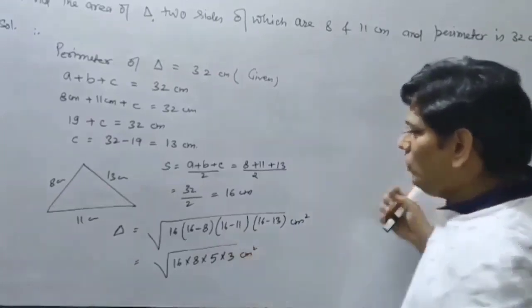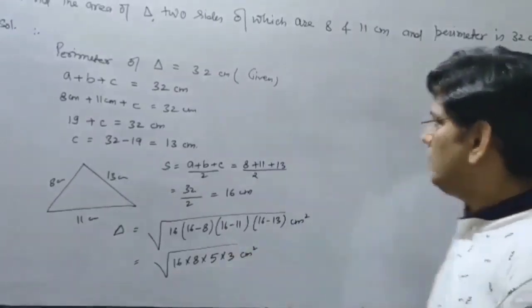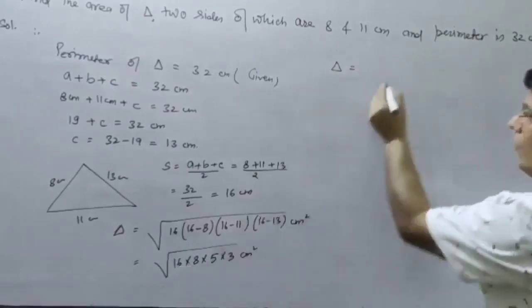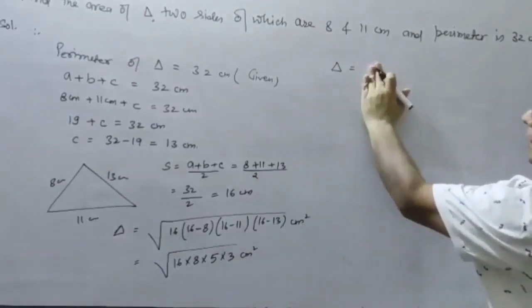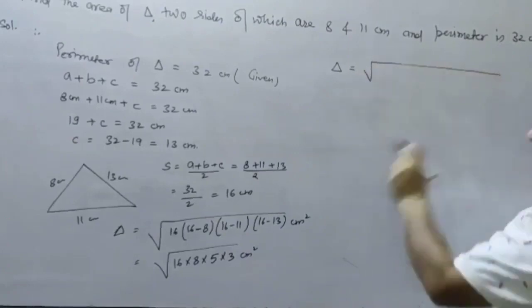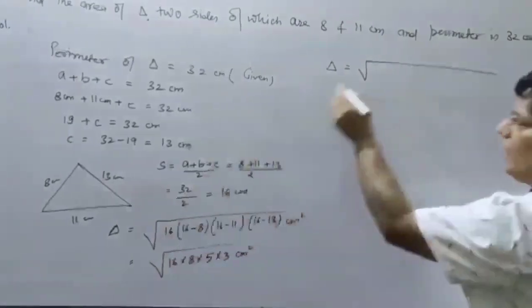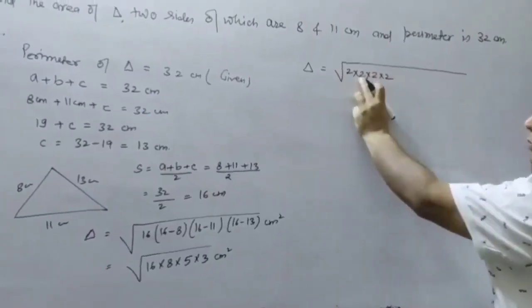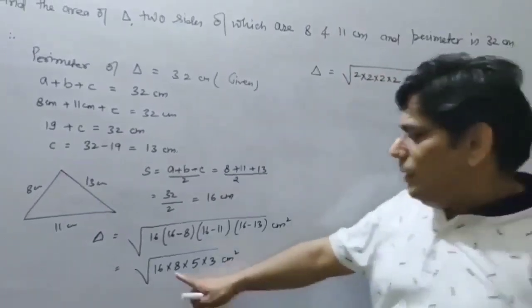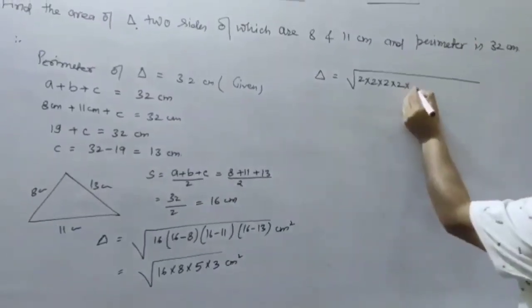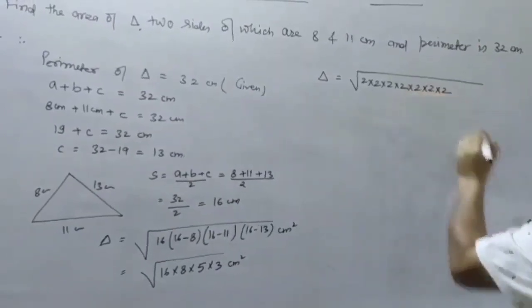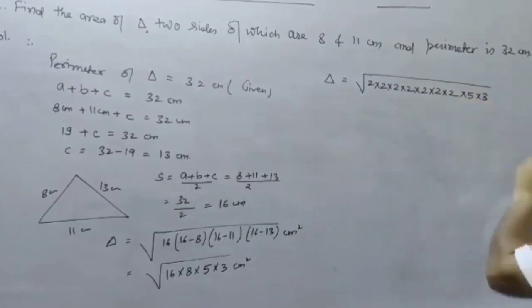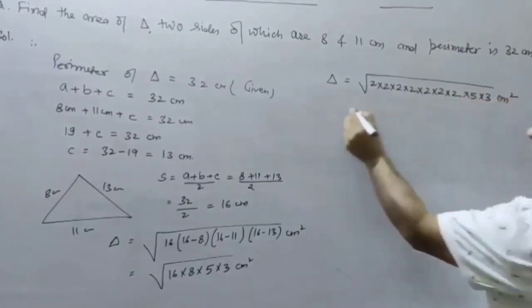After that what we do, हमें पता है कि 16 का स्क्वायर रूट होगा 4, और या हम यूँ भी कैलकुलेट कर सकते हैं, we just take a factor of that one. 16 we can write 2 into 2 into 2 into 2, 2 to जा 4, 4 to जा 8, 8 to जा 16. 8 को हम 2 into 2 into 2 फैक्टर की फॉर्म में राइट करेंगे. 5 it will be same here and 3, that is the centimeter square.